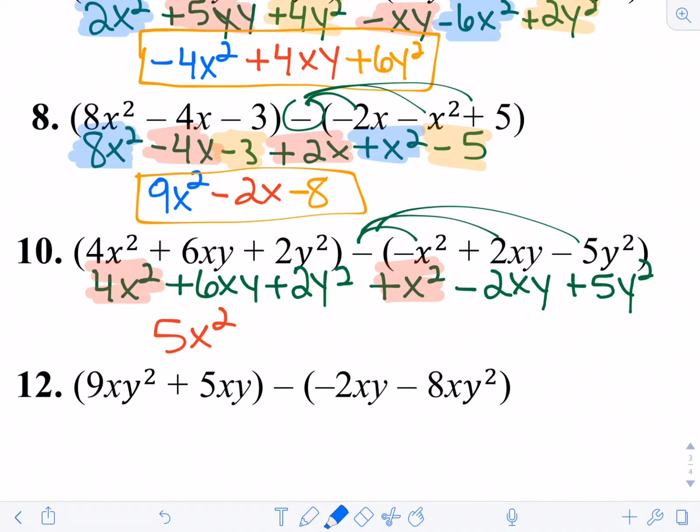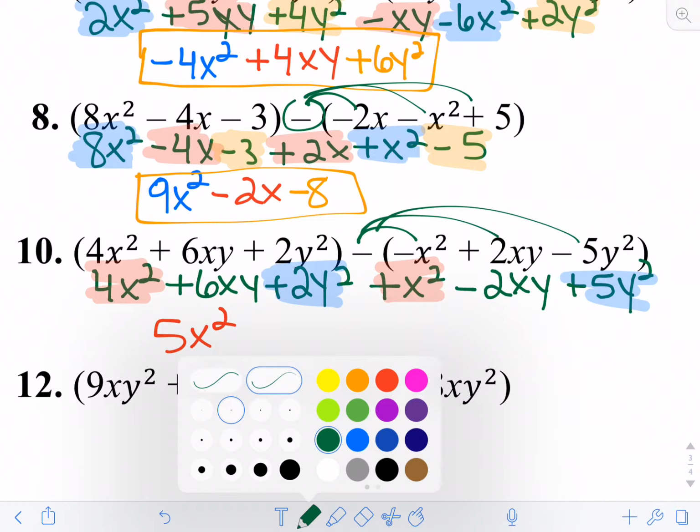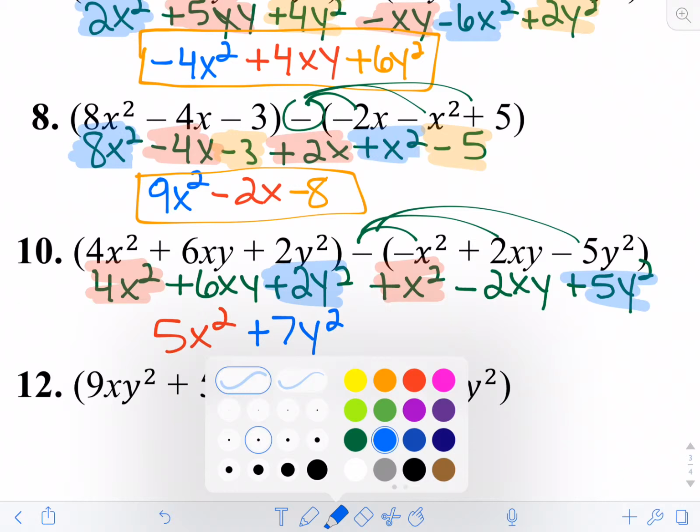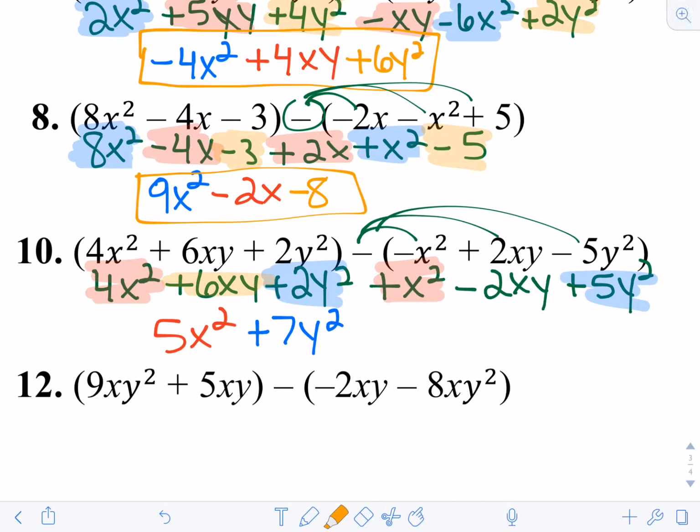So now, I'll go ahead and combine my y squareds, so 2y squared and 5y squared. 2 plus 5 is 7, so plus 7y squared. And then the last thing that I want to combine are the ones that have x's and y's, so I have 6 here, and I got to take away 2 of them. So 6 minus 2 is 4, so plus 4xy.